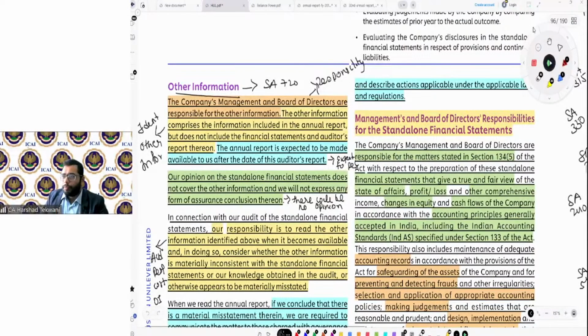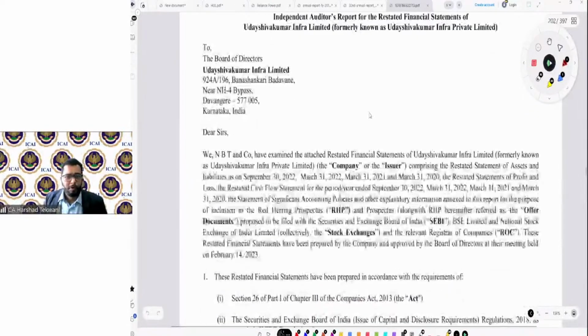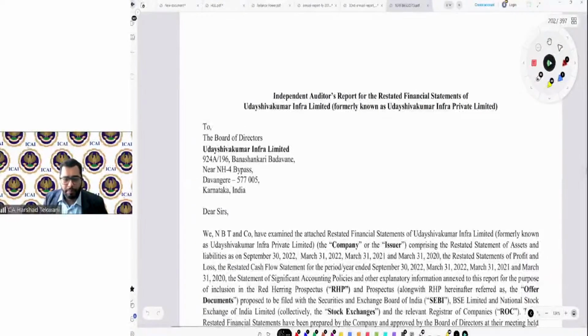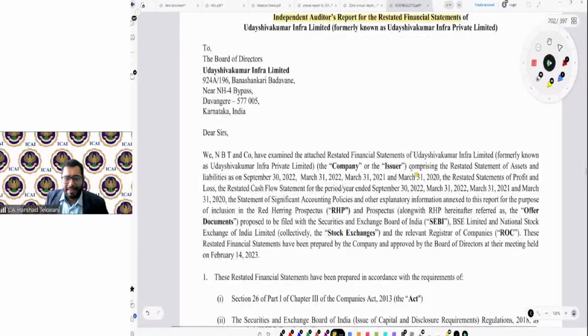If no doubts, then I have one example of a comparative financial statement. We saw comparative corresponding figures till now. This is an independent auditor's report issued for restated financial statements.